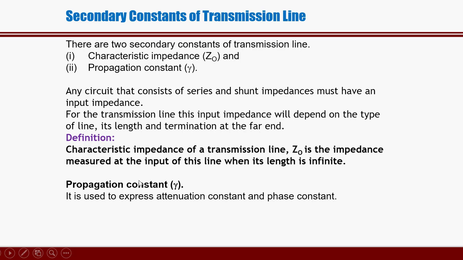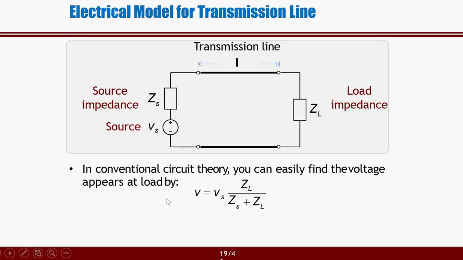We are going to derive expressions for Z0 and gamma in terms of RLGC for a particular transmission line. A transmission line electrical model can be drawn like this, where Vs is the source voltage, Zs is the source impedance and ZL is the load impedance.